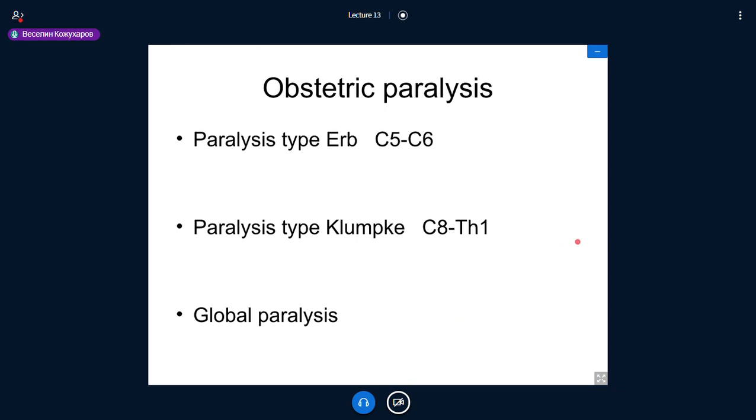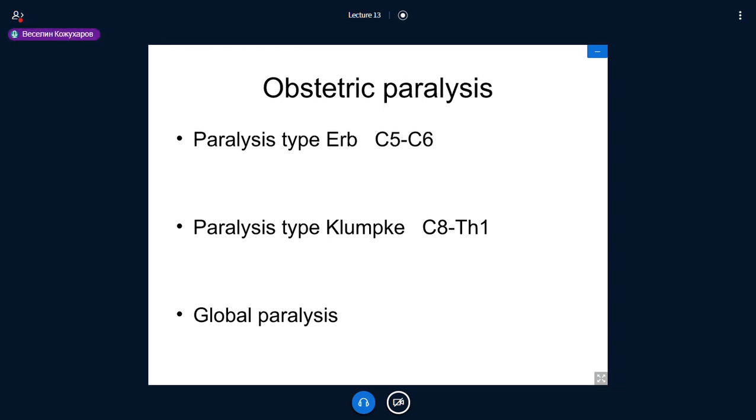Obstetric paralysis could be separated into three forms. Proximal paralysis, type ERP, the reason of this paralysis is stretch or involvement of the C5 and C6 nerve roots of the plexus brachialis.